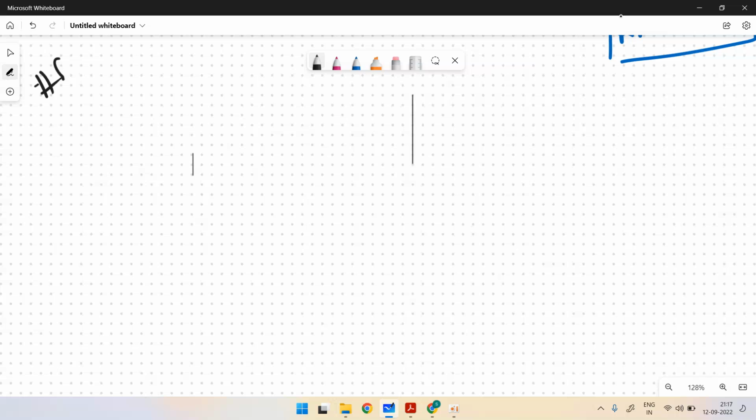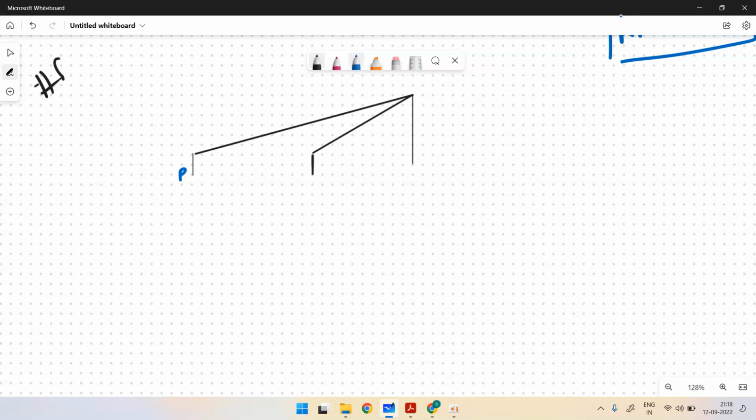Initially, the boy is at point P, and from here the angle of elevation towards the top is given to be 30 degree, and when he moves from this point P to this point Q, the walking distance changes.